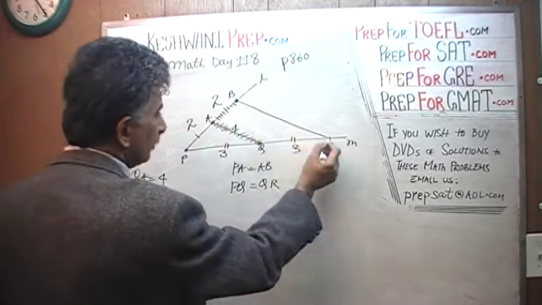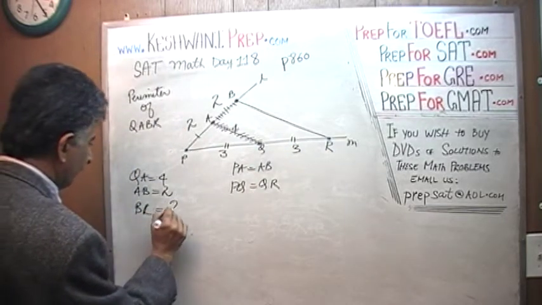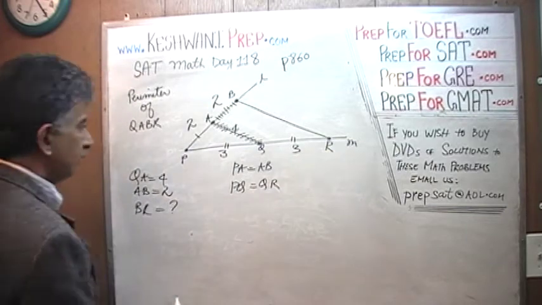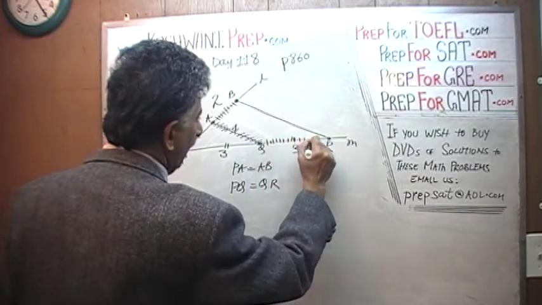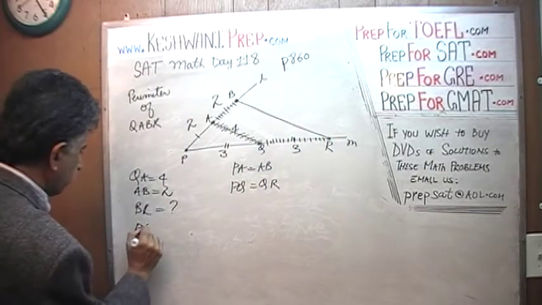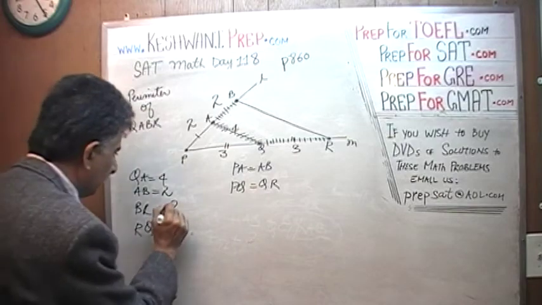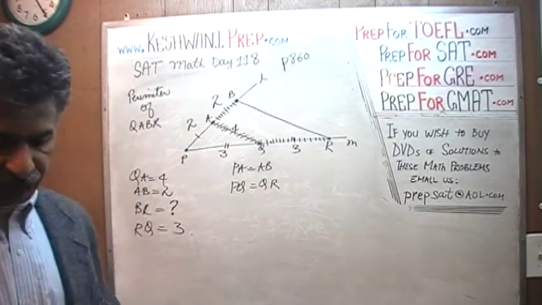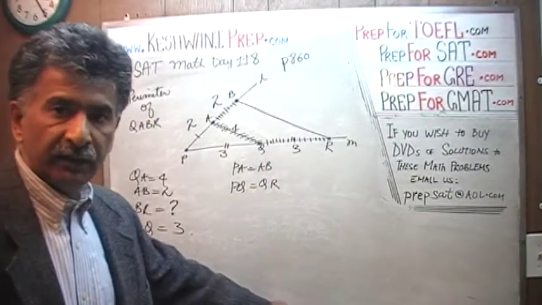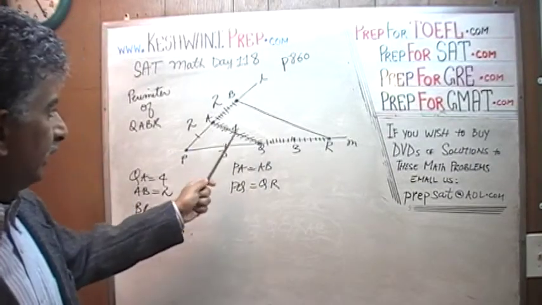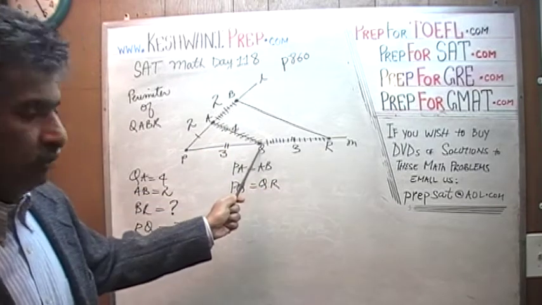We have to find out B to R. And finally this part R to Q is very simple because it's 3. So if we can figure out this distance B to R, we are in business, because the other three sides we already know. Q to A we are told is 4, A to B we know is 2, R to Q is 3.